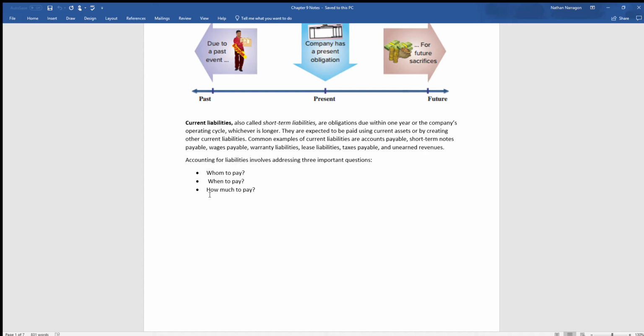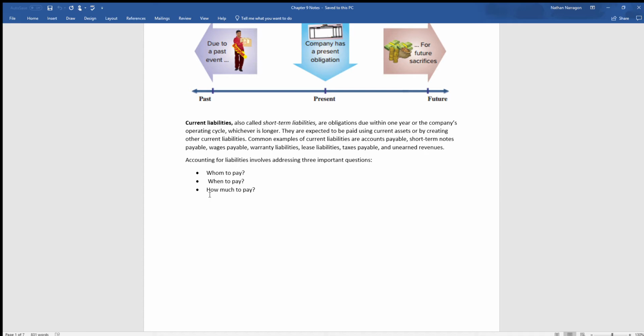They're usually months. Short-term notes payable, loans that end within a year. Of course, salary. Our workers do want to be paid. Warranty, lease liabilities, taxes payable, and usually unearned revenue, because we do want to perform the job within a year.